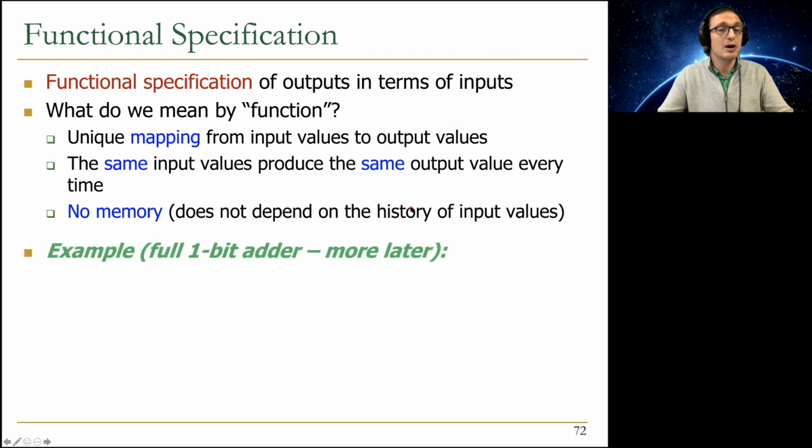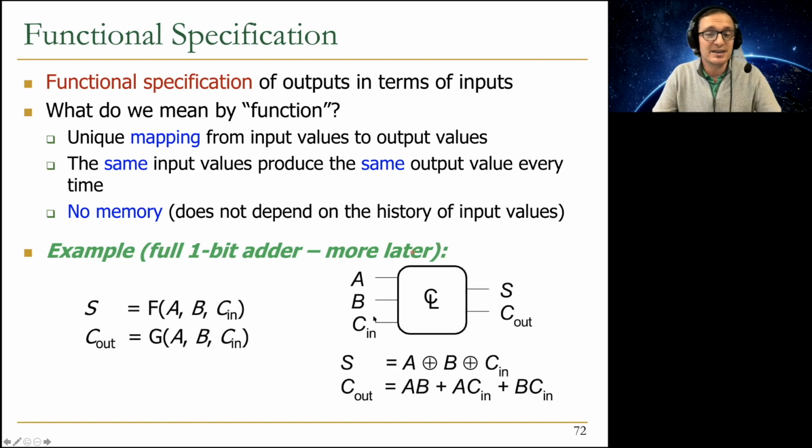So an example is the full 1-bit adder. We're going to talk about this more later. But if you look at a 1-bit adder, you have one input A, one input B, and one input carry in. And you have a sum function that sums all three, and you have a carry out function. Okay, the sum function is essentially XOR of A, B, C. You can convince yourself.